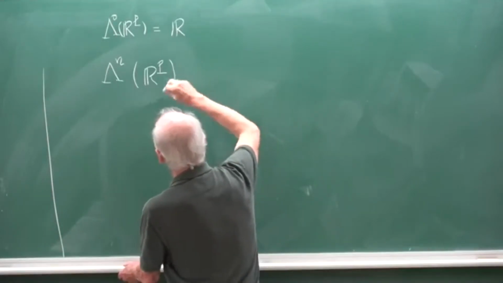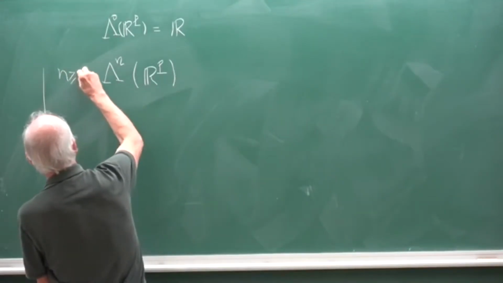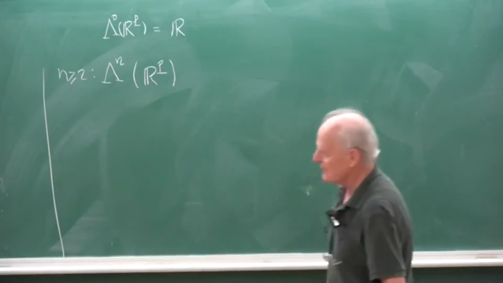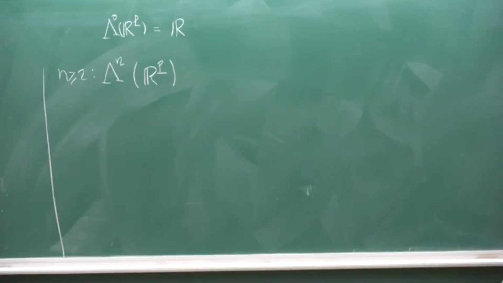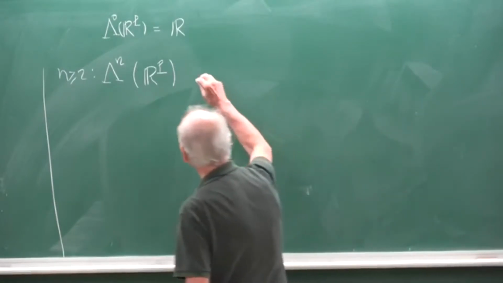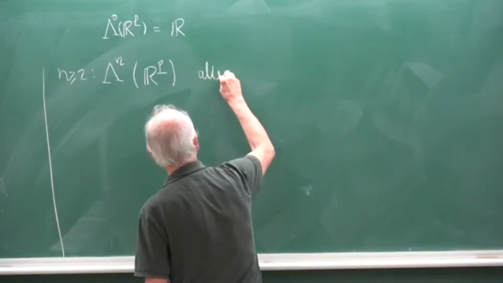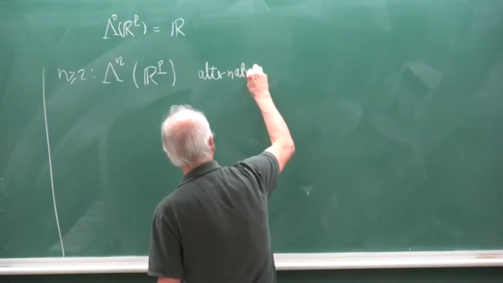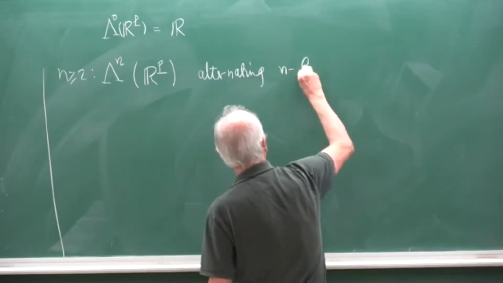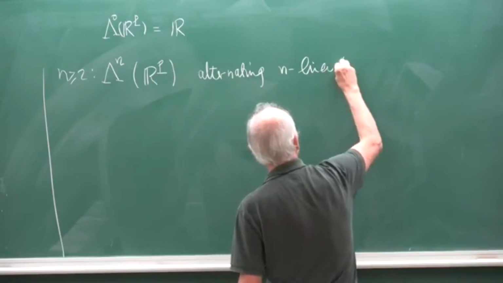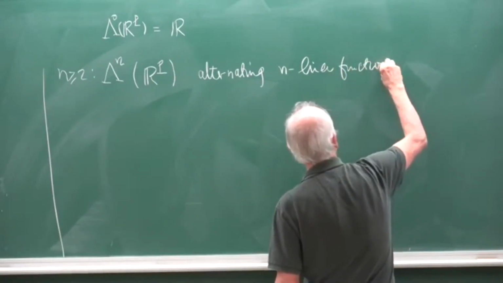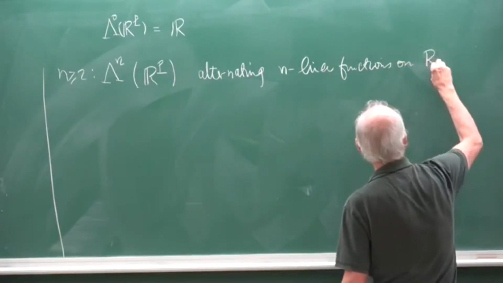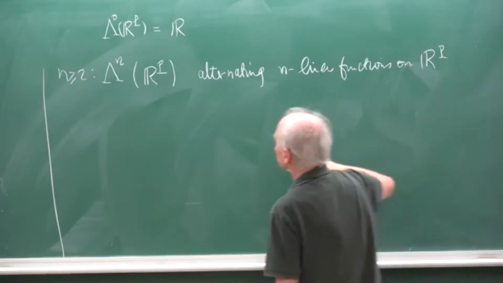And lambda n of Rp for n bigger than or equal to 2 is the space of so-called alternating n-linear functionals. I'll explain this, alternating n-linear functions on Rp.